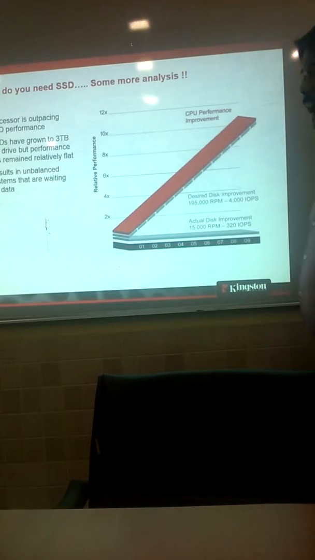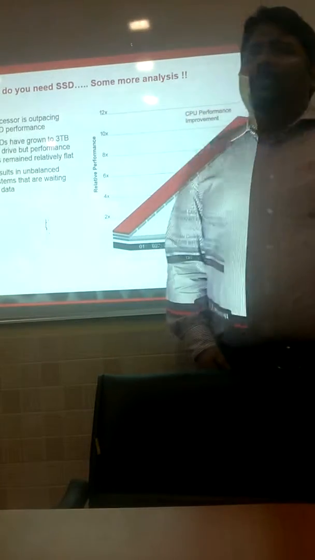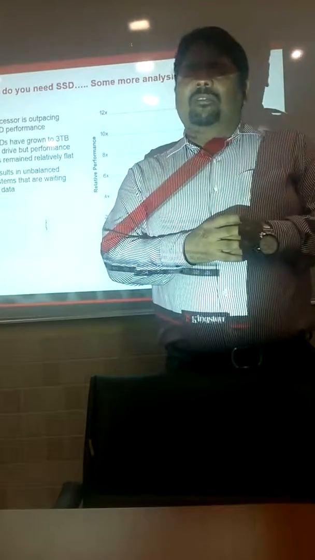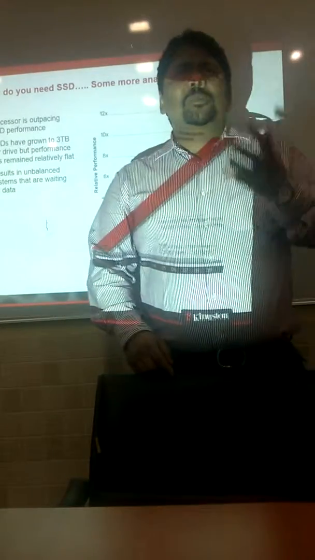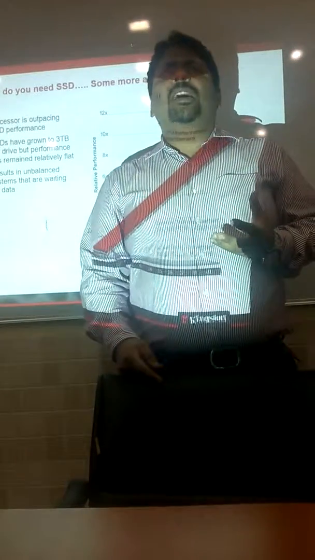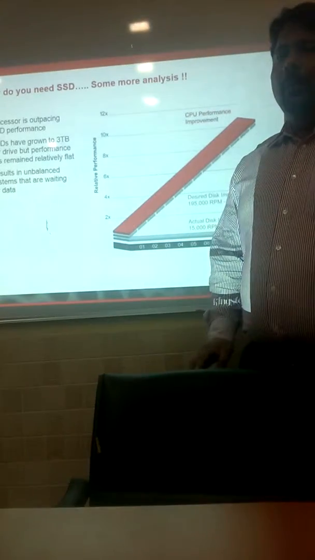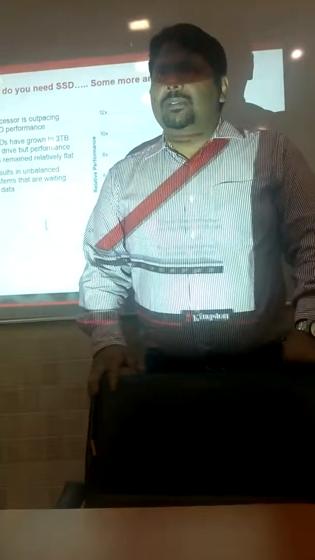Some facts why you need an SSD over a hard drive. In normal condition, the platter which is inside the hard drive spins at 15K or 15,000 RPM, rotations per minute. I am sure you are using a fast processor.